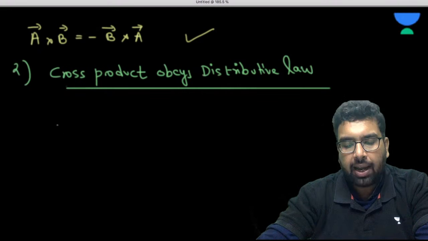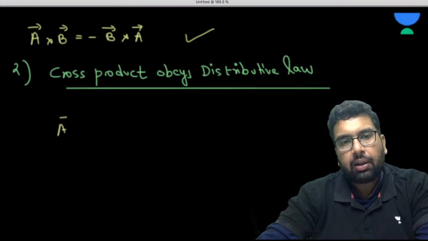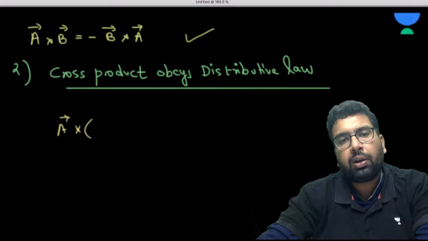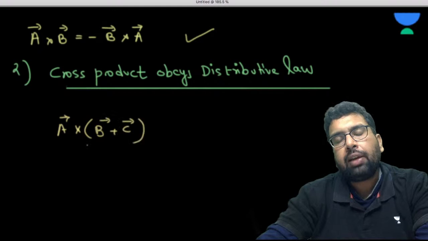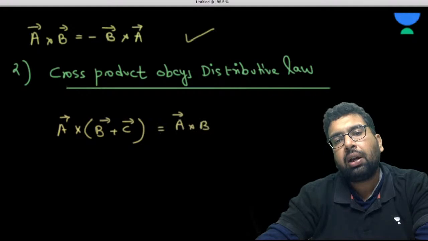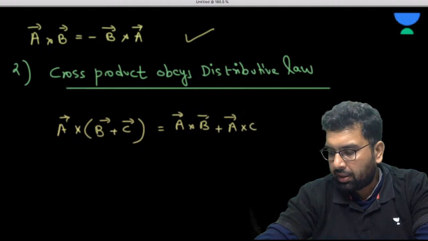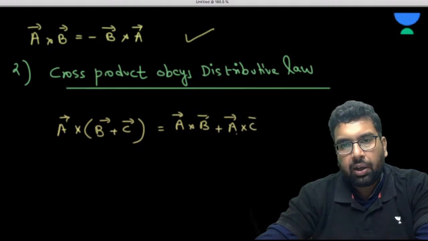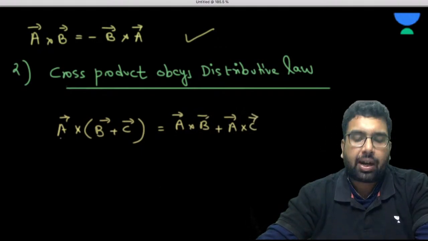That means, like the dot product, the cross product also obeys it. A vector cross (B plus C) vector is going to be A vector cross B vector plus A vector cross C vector. Understood, beta?